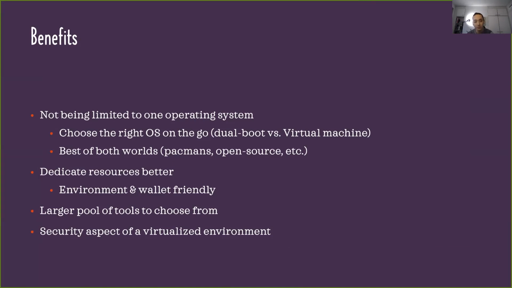So the best of both worlds is also something that comes with different operating systems. For example, you probably know that in the Windows environment, if you want to install a program, you usually need to download the .exe file from the internet, and then you install it.